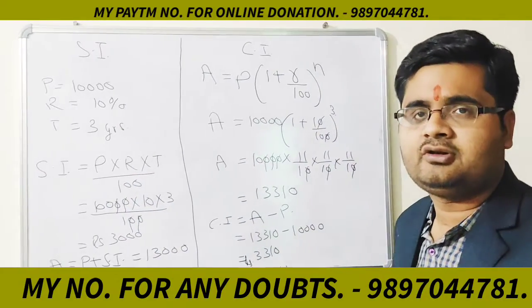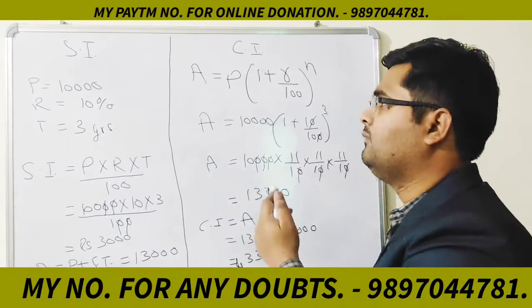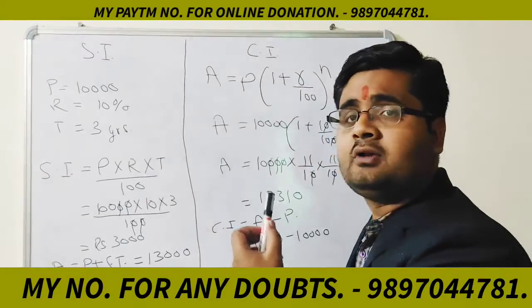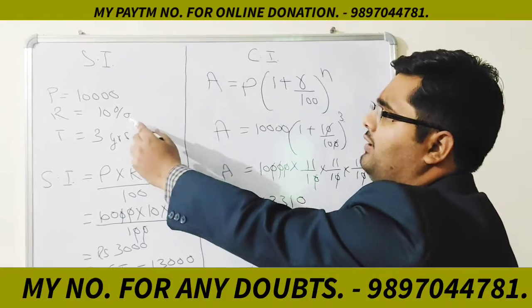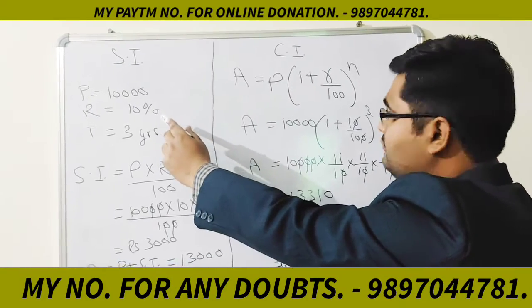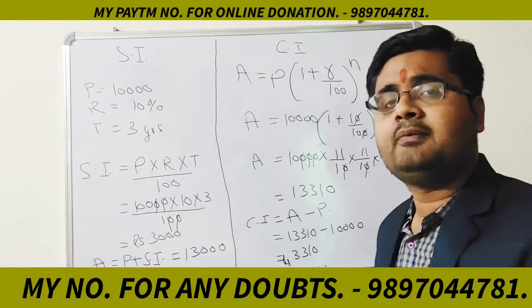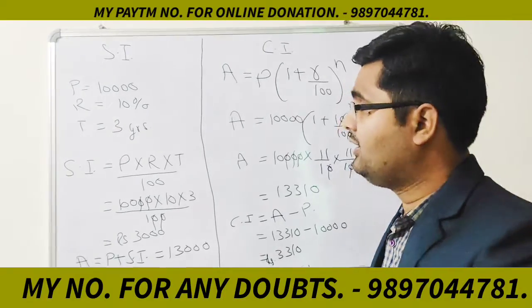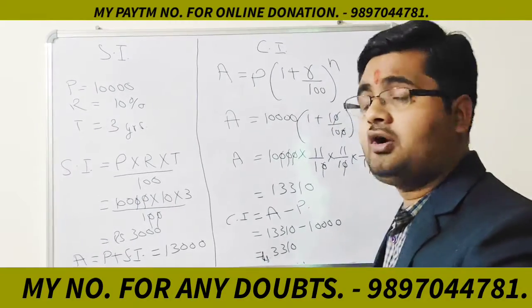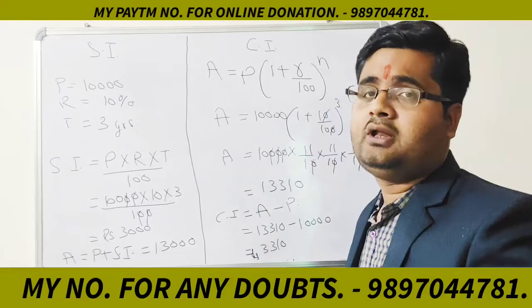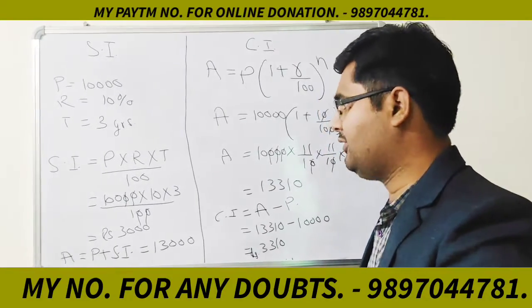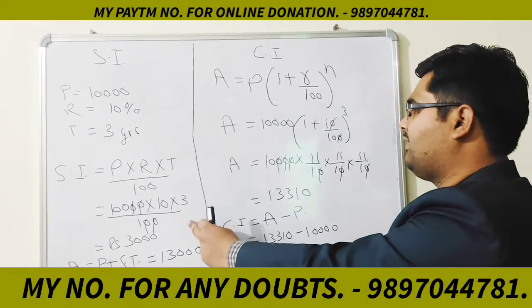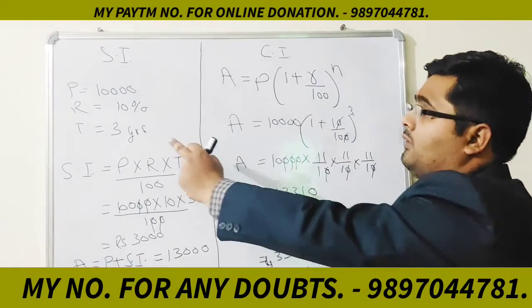In some cases it is given in CI as 10% compounded half yearly, or compounded annually, or in some cases compounded quarterly. In that case also we have to take out a new rate. That I will tell you afterward. So this is what SI is and this is what CI is.